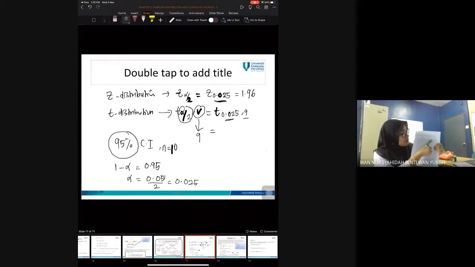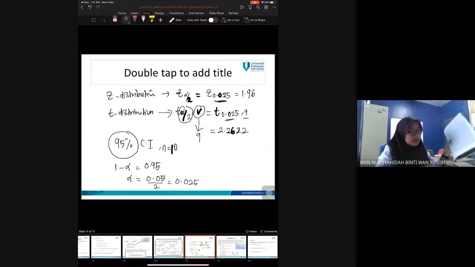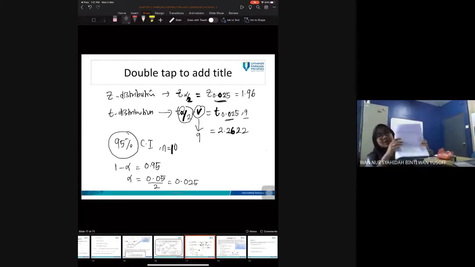Probability value 0.025 and 9. What is the value? Anyone? 2.2622. For those who still don't have this table, when you get yours, practice how to find this value. Any questions so far?